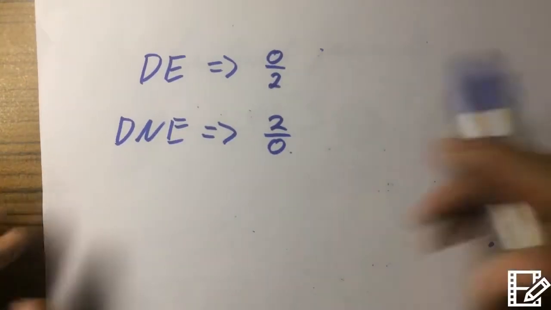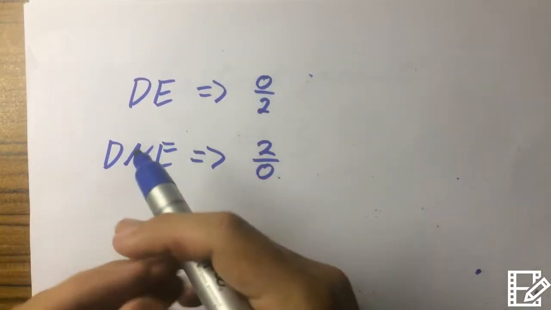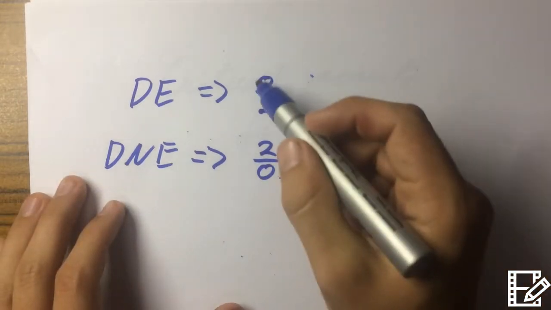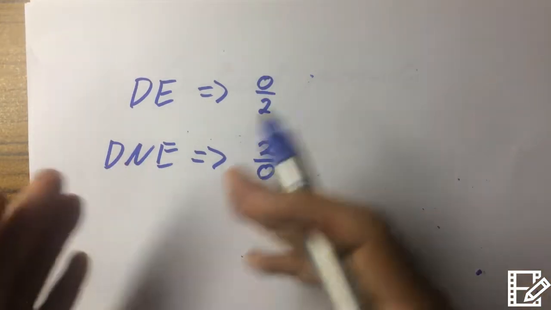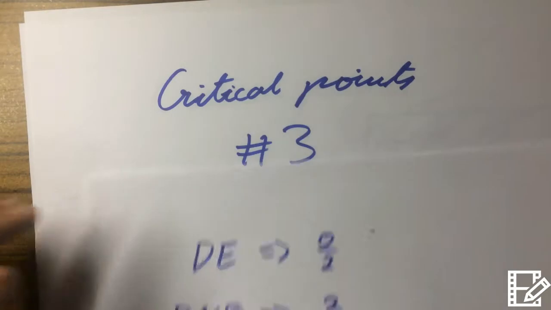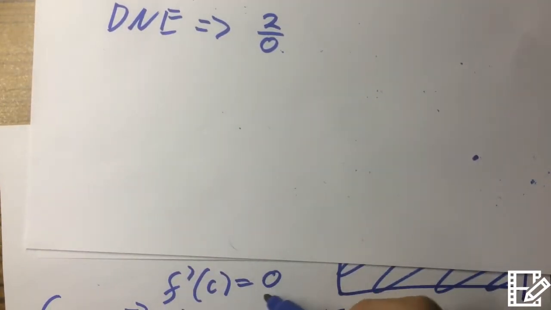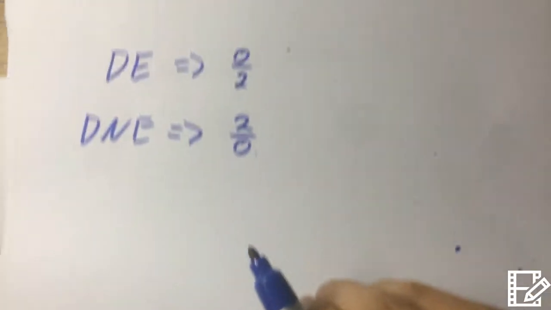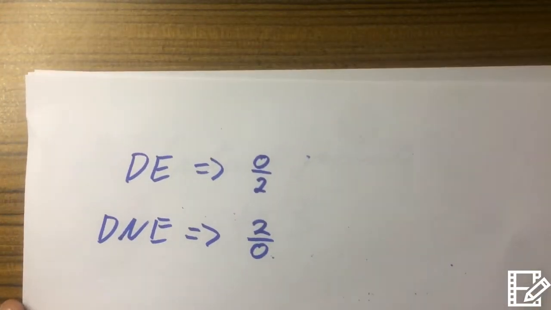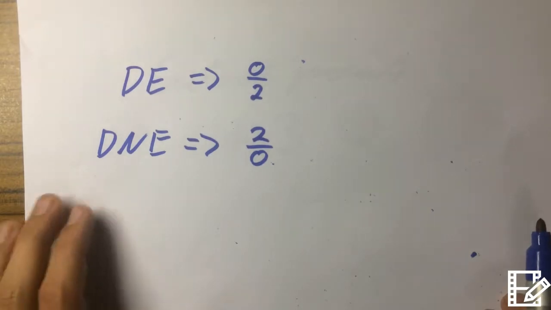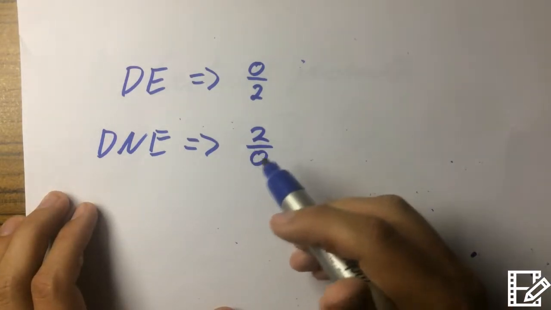Basically, when you're doing a single liner, you usually just set it to 0. But when you do fractions, you set the top to 0 and you set the bottom to undefined. The reason you set the bottom to undefined is that it's the same thing as setting the bottom to 0.